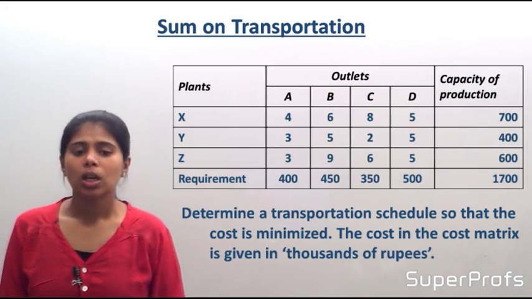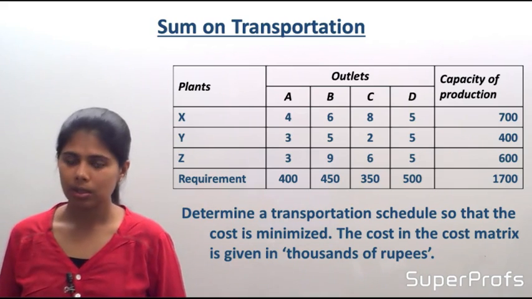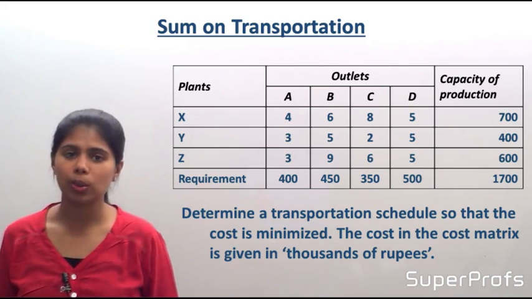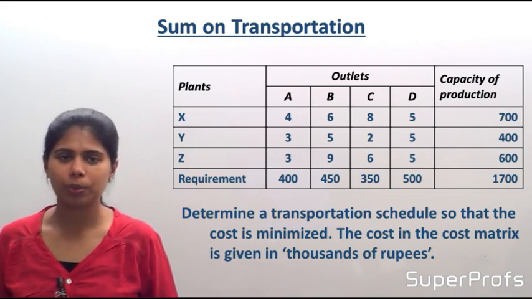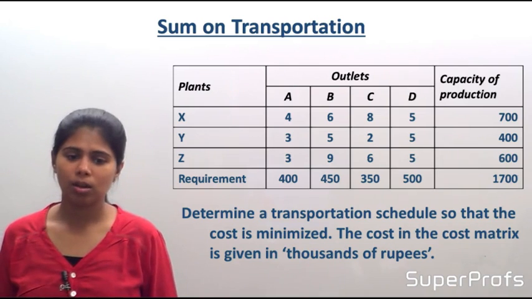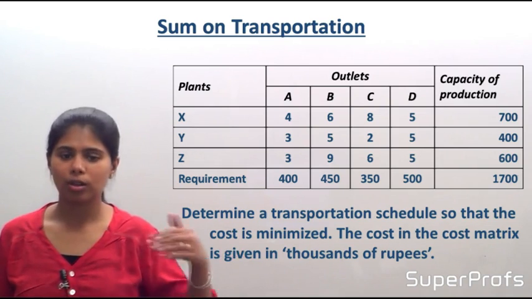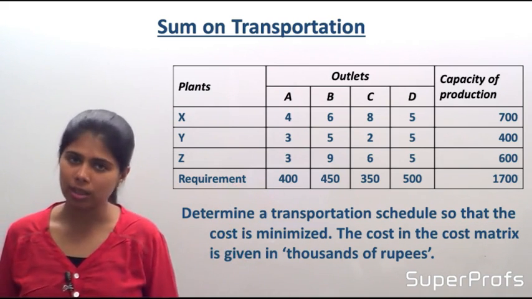So A, B, C, D are my outlets, X, Y, Z are my plants. From the plants, I have to transport my CNG to the outlets, and the capacity of production is given and the requirement is given over here. So requirement is demand and capacity of production is availability.